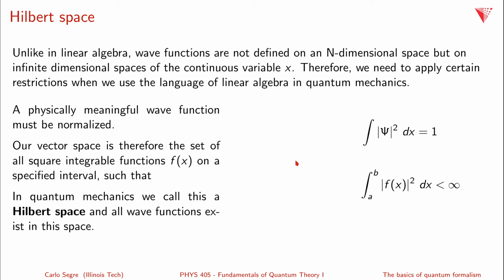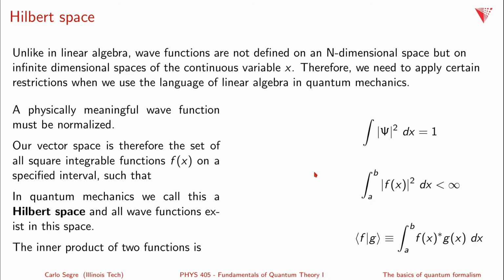In quantum mechanics, this is called a Hilbert space. And all wave functions exist in a Hilbert space. So Hilbert space is a set of square integrable functions. Now we can also define something called an inner product, which we mentioned before.